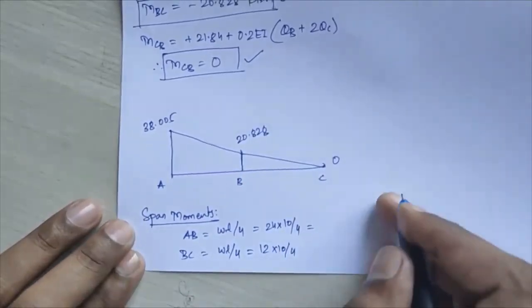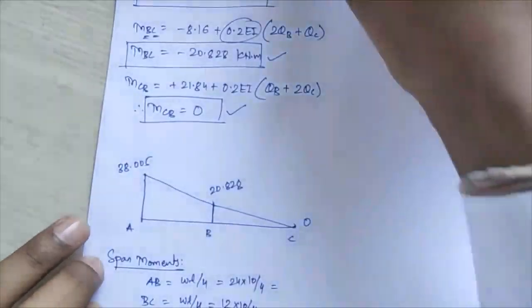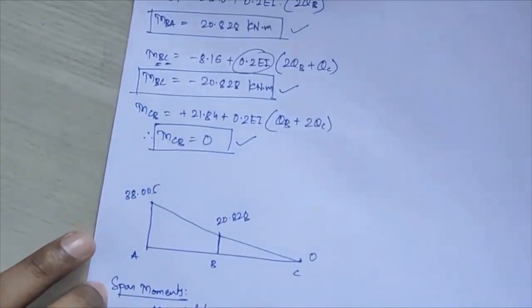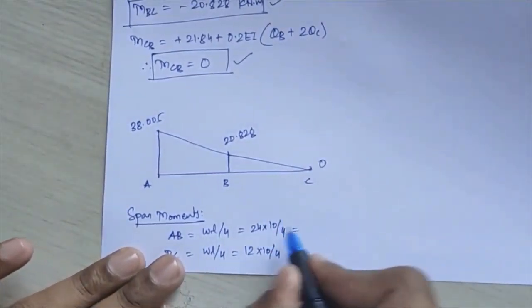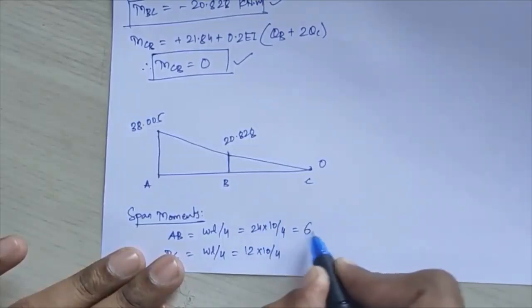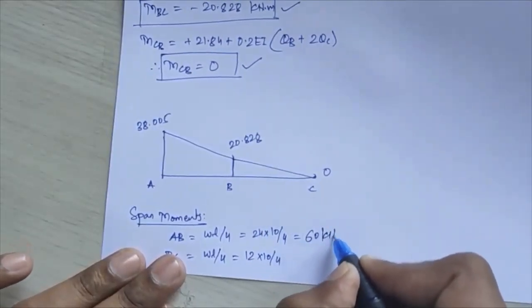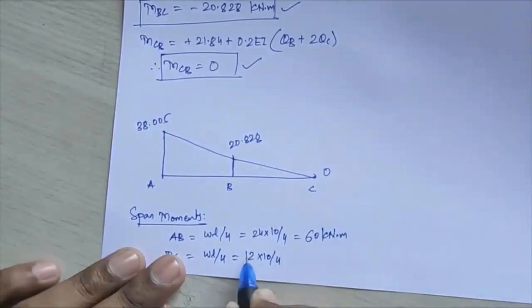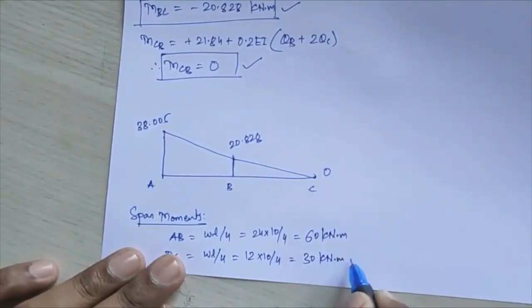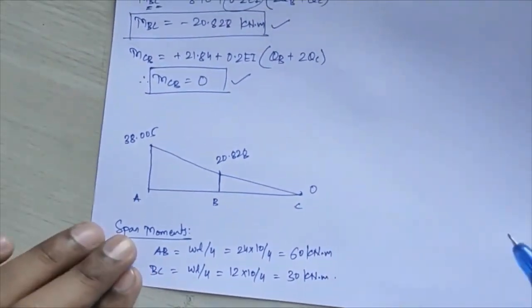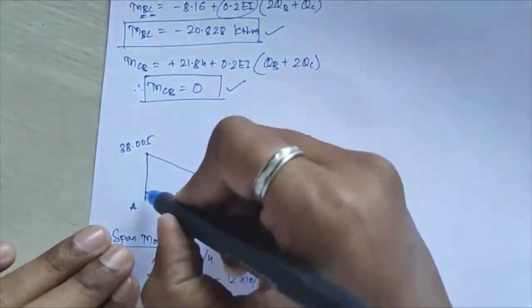So 24 into 10 by 4 I get as 60 kilonewton meter, and this I get as 30 kilonewton meter. In both you will have a triangular pattern. So for the first I get 60.